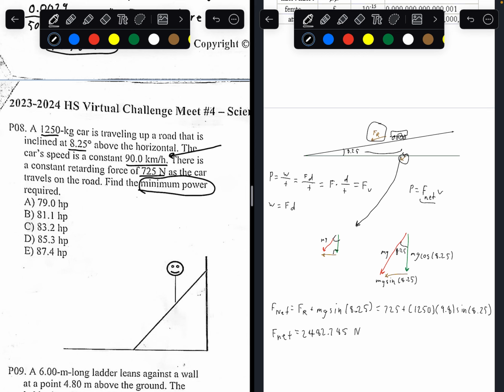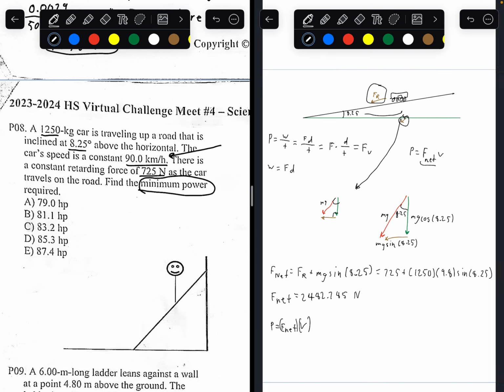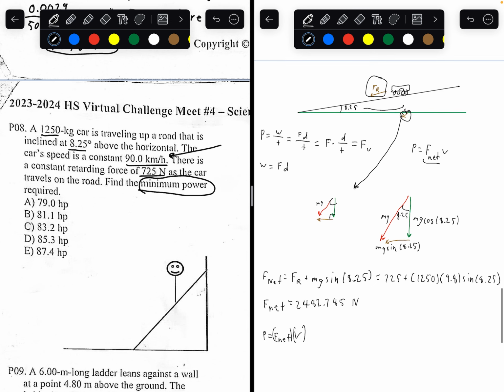So we want to find net force times velocity. We found both of them. So power equals net force times velocity. But there's one thing we have to keep in mind. That net force has to be in newtons and velocity has to be in meters per second for you to get watts.